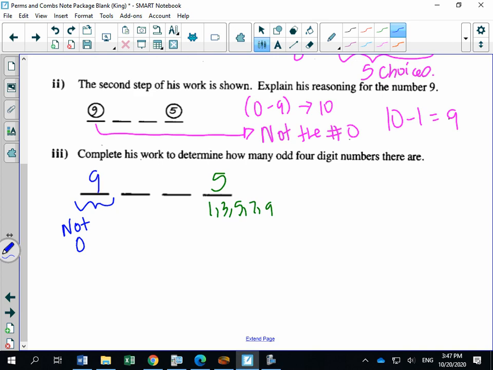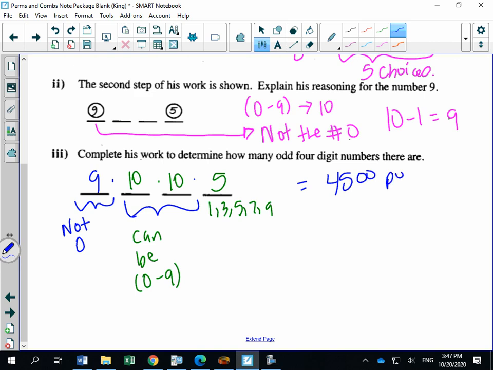There were no restrictions in the middle, so it can be any number from 0 to 9. So there's 10 choices there, and 10 choices there. So our answer is 9 times 10 times 10 times 5, which gives us 4,500 possible odd 4-digit numbers.